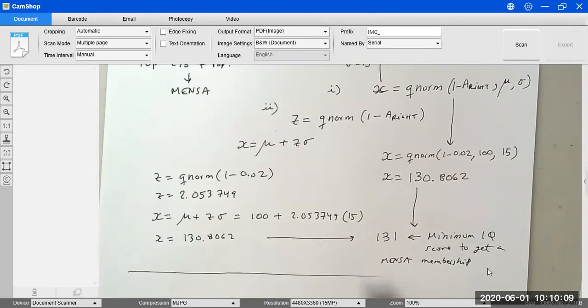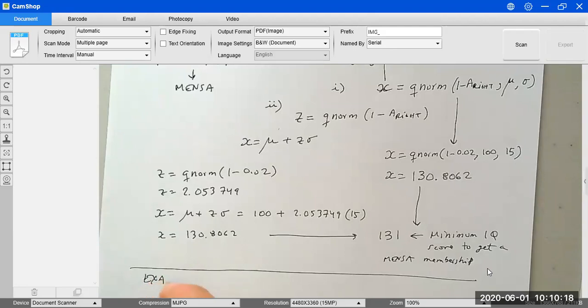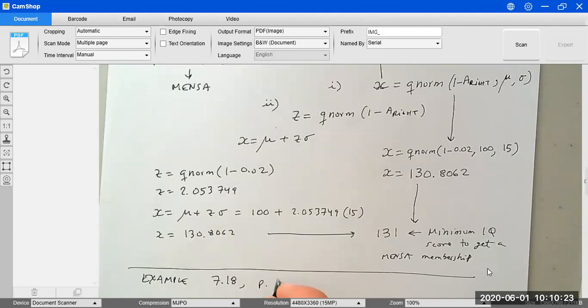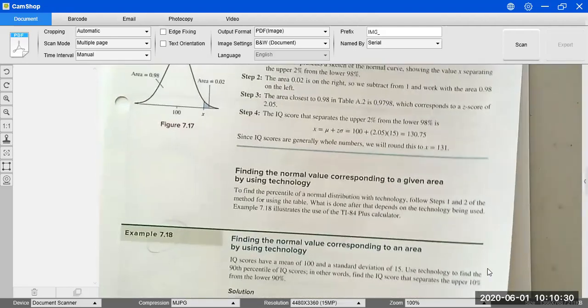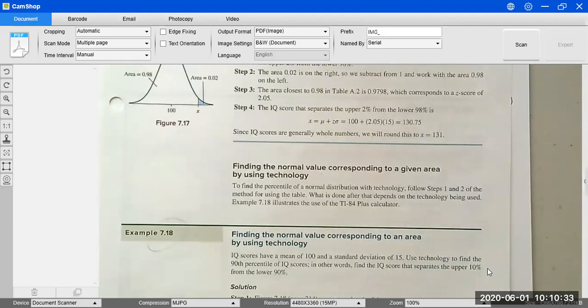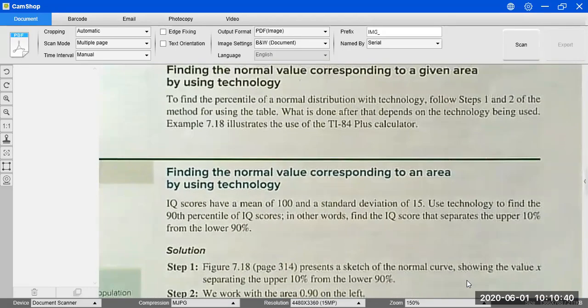So that's the problem. We're going to work one more problem. This is example 7.18 on page 313. Let's read the problem. They say IQ scores have a mean of 100 and a standard deviation of 15.